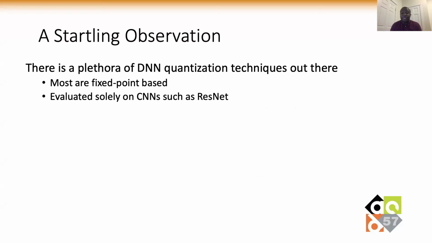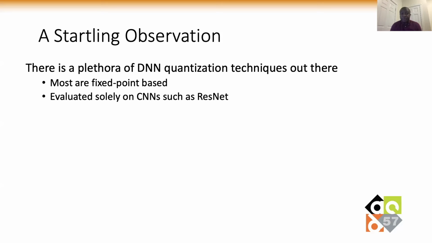In order to obtain higher DNN compute density and energy efficiency, a plethora of reduced precision quantization techniques have been proposed. In this line of research, we observed that a majority of the proposed quantization techniques out there are mostly fixed point or integer based.